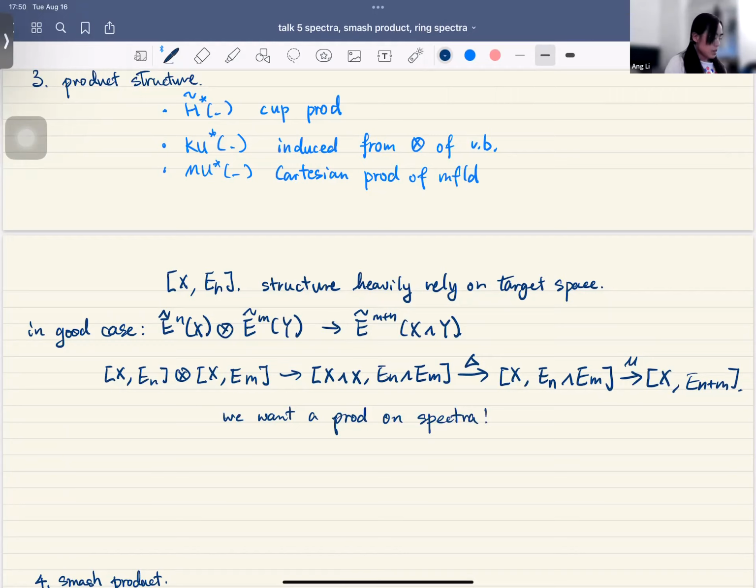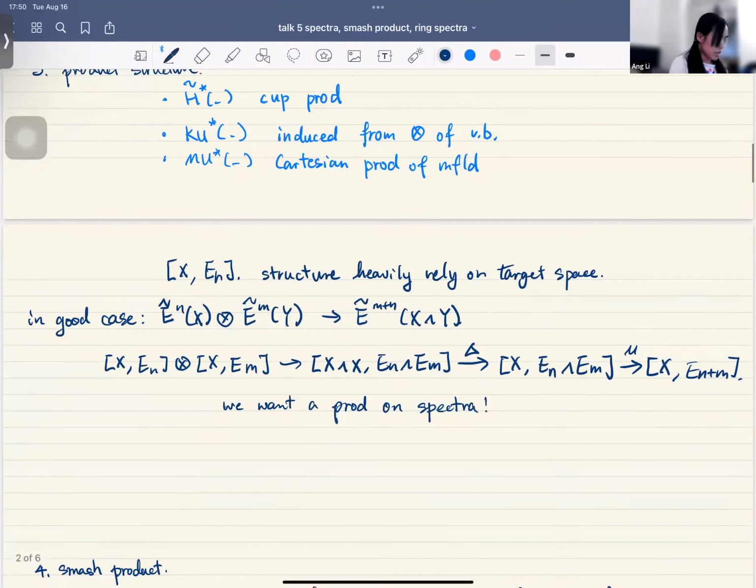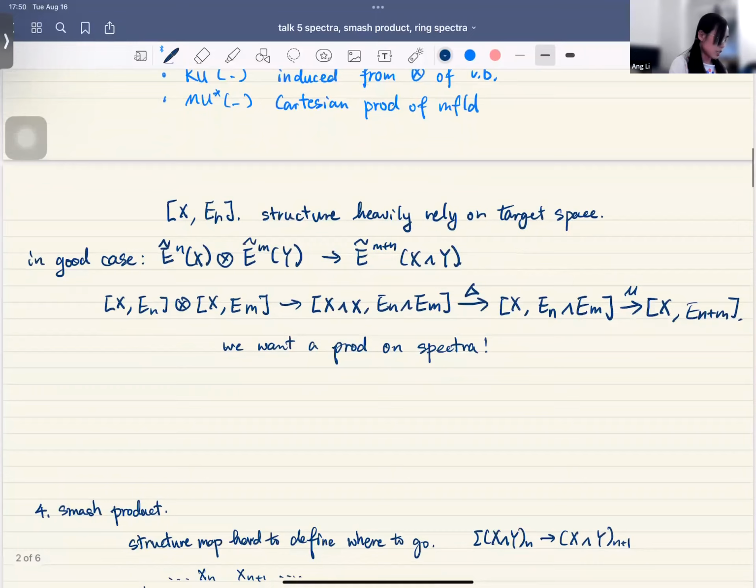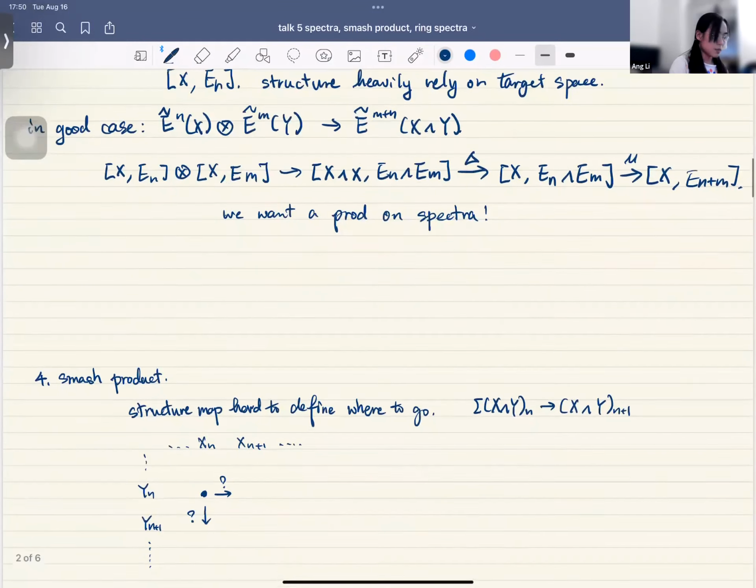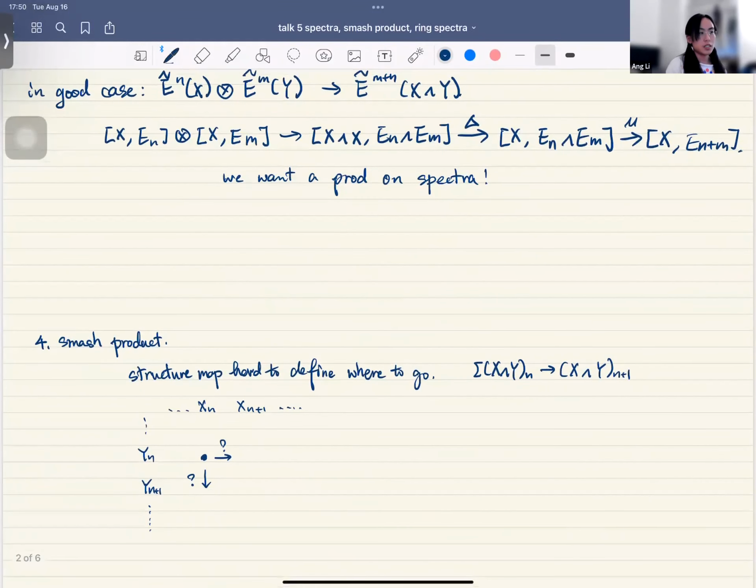I don't actually know historically why this smash product name came out. I think it's because spectra are a stabilization of spaces, and in spaces we do the smash product, and then for spectra we also do the smash product. That's probably why the name came up, but I don't know. If you know that, you're welcome to share it with me. Anyway, we call it the smash product.